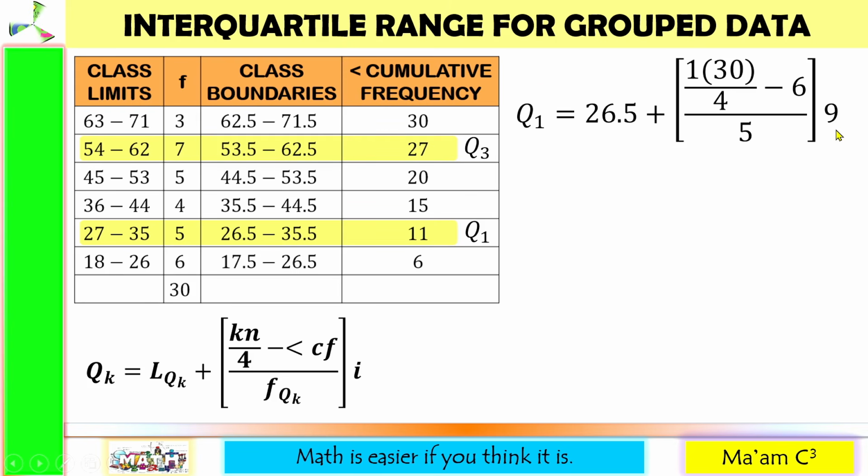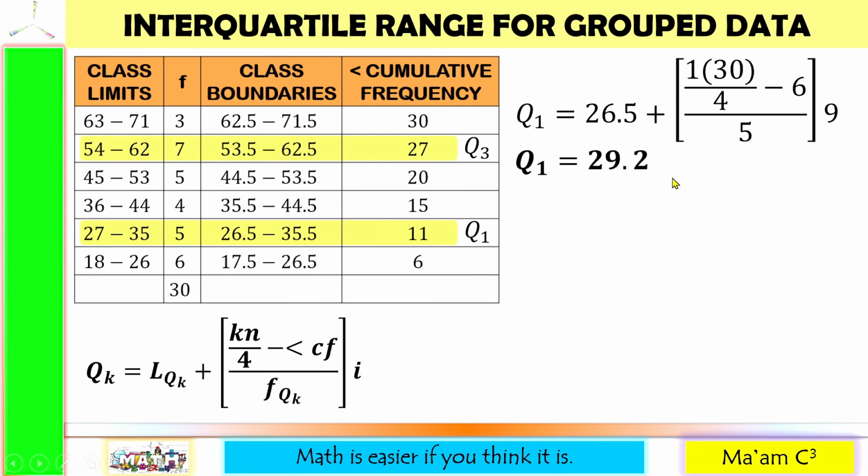Now, when you compute, make sure to be extra careful. You perform first the one inside this bracket. 1 times 30 is 30, divided by 4 is 7.5, minus 6 is 1.5, divided by 5 is 0.3, times 9 is 2.7, plus 26.5 will give you an answer of 29.2.